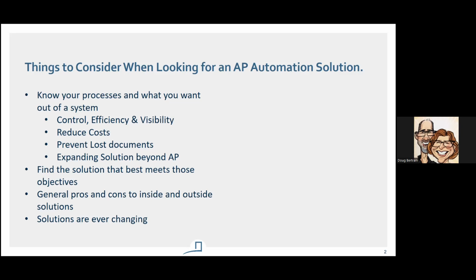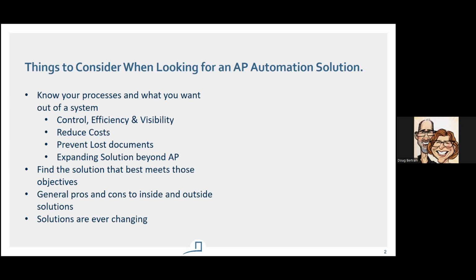So on the slide you see on the screen right now, things to consider when looking for AP automation, I think the most important things are the first two. Know your processes and what you want out of the system. Some of the common things people look at, I've listed there on the screen: control, efficiency, visibility, reducing costs, and all those types of things. Then find the solution that best meets those objectives.